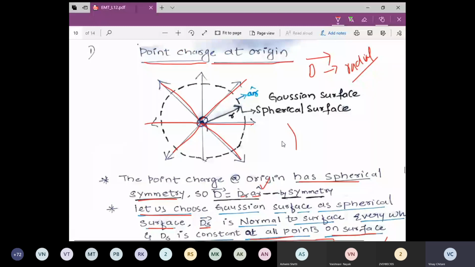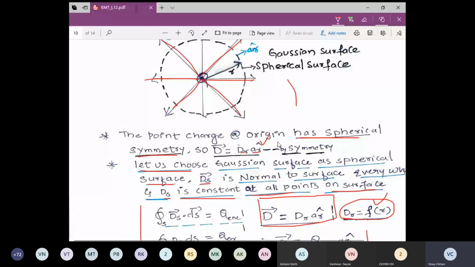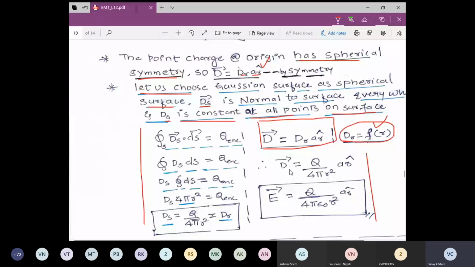So any doubt on this point? Yes, anyone? If anyone has any doubts with the points I have discussed so far with respect to the application of Gauss's law.